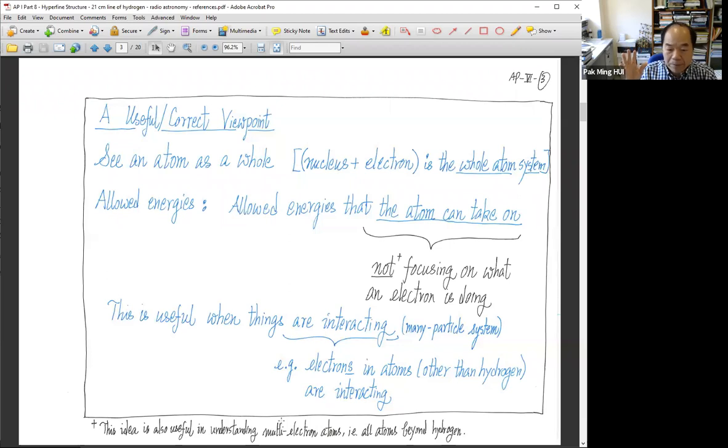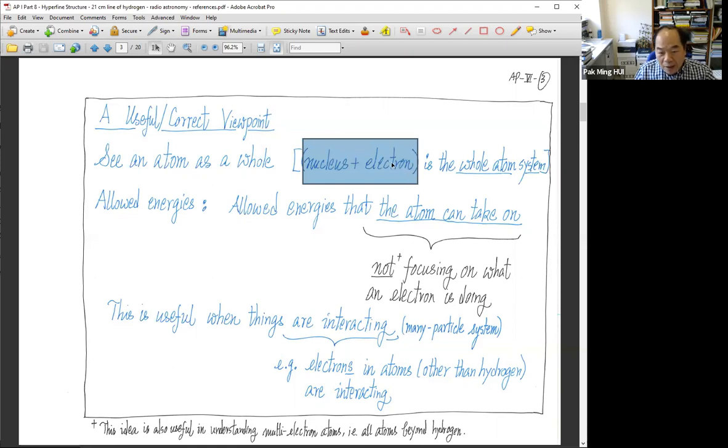All right? But when you have a helium atom, you have a lithium atom, you have multi-electron atoms, you have 50 electrons, we better think of the atom as one system, one quantum system. So here now, we have a two-particle system, two-spin system actually, nucleus plus electron.